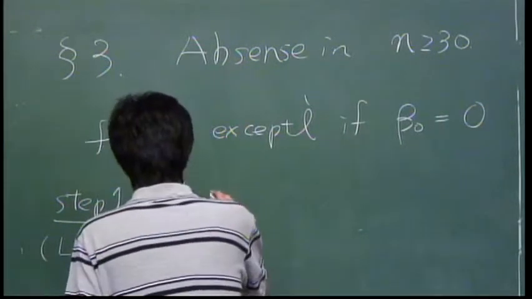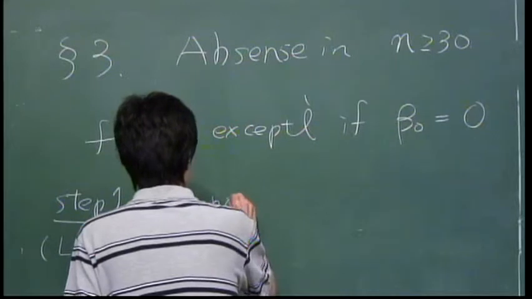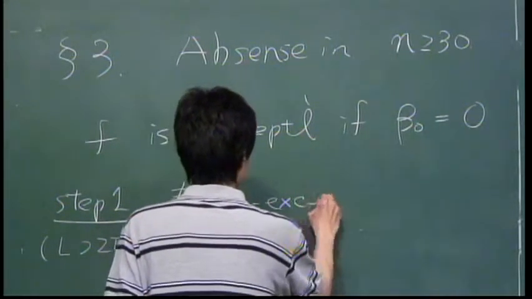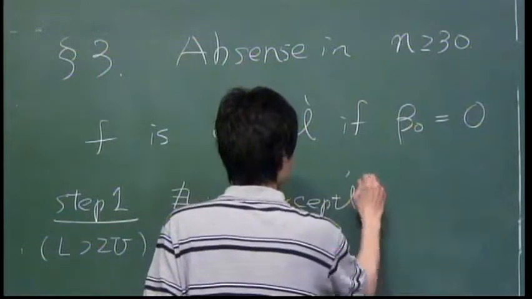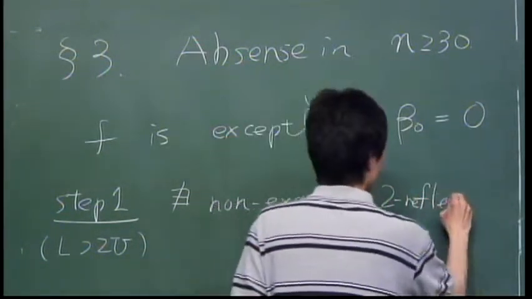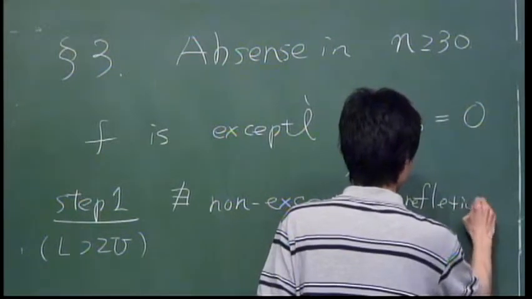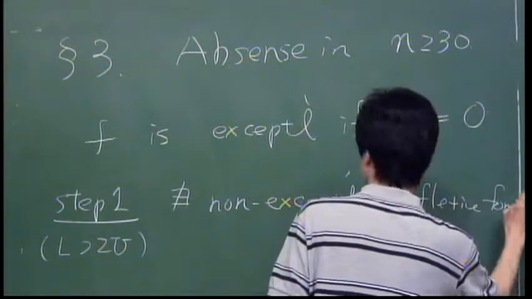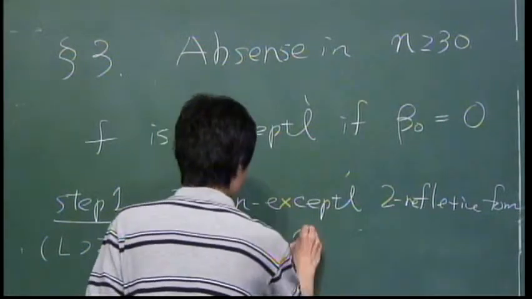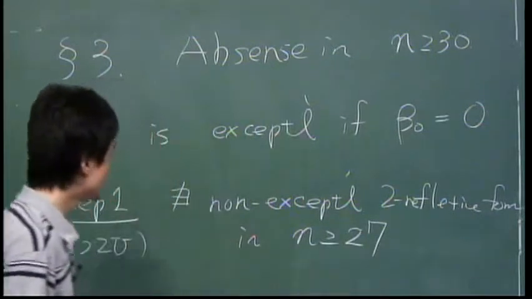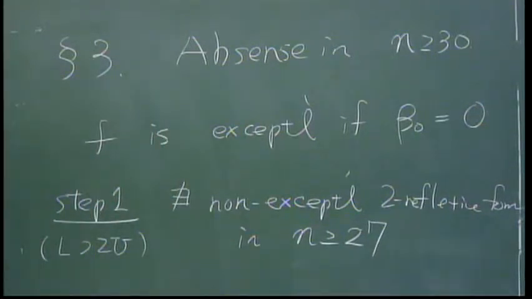So the first step is to show that there exist no non-exceptional two reflective forms in dimension greater than 26.